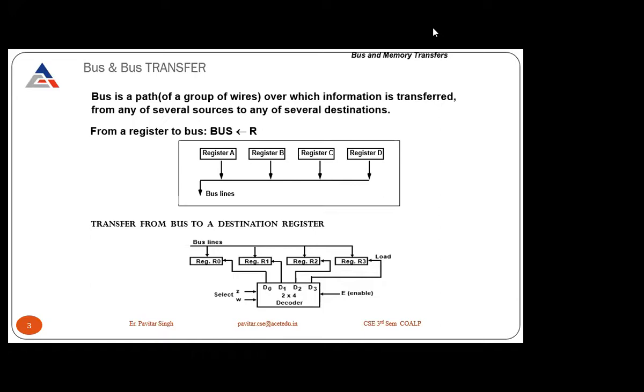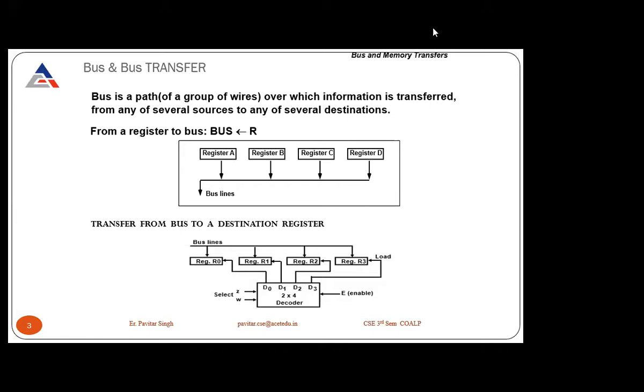So these are your 4 registers, register A, B, C, and D. Suppose this is your bus. I hope you have seen this bus; this is the IDE bus or your SATA bus.